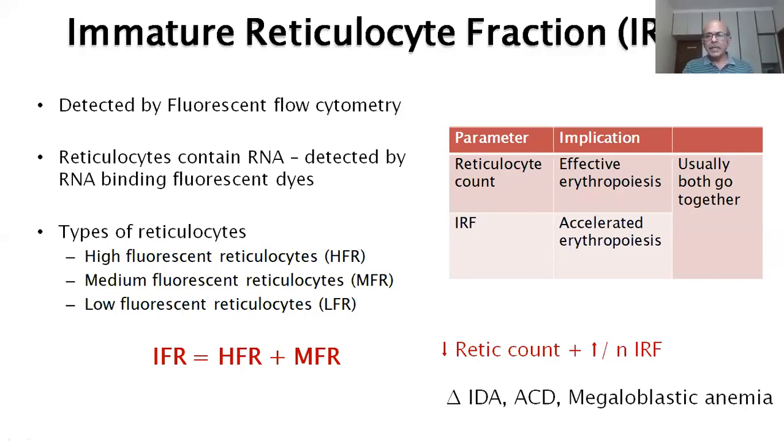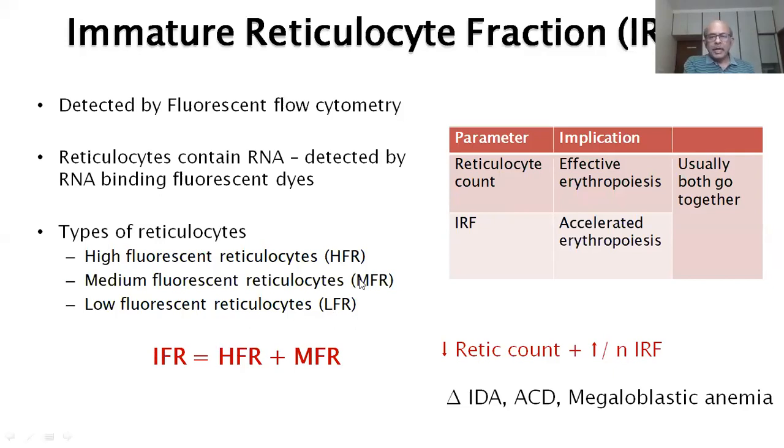So based on this, you will have 3 types of reticulocytes: one which has high fluorescence, then reticulocytes with medium fluorescence, and reticulocytes with low fluorescence. The younger the reticulocyte, the higher is the fluorescence. So immature reticulocyte fraction is a combination of high fluorescent reticulocytes and medium fluorescent reticulocytes.